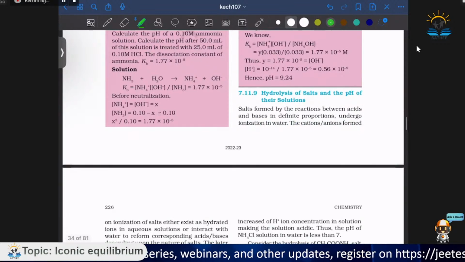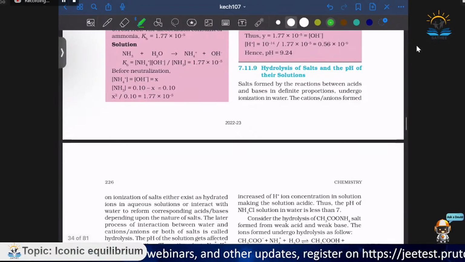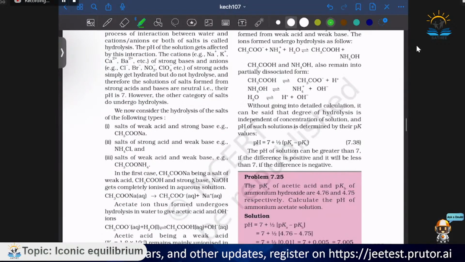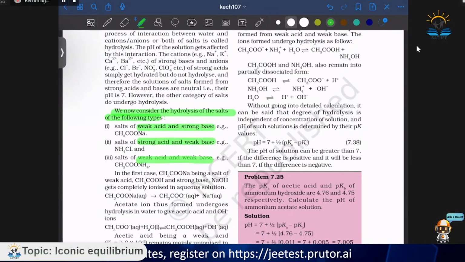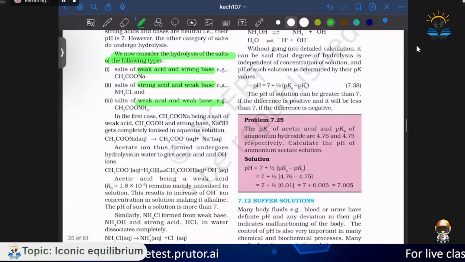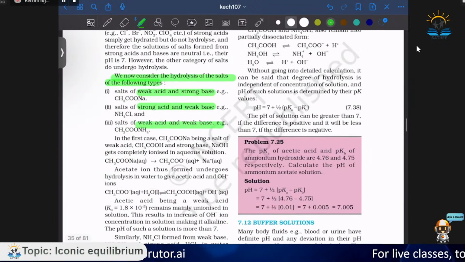Then comes hydrolysis of salts. Just as I told you, the salts which we consider are salts of weak acid and strong base, strong acid and weak base, and weak acid and weak base. So one thing should be weak, which will be hydrolyzed by water. And the formula which you need to remember is pH is this.